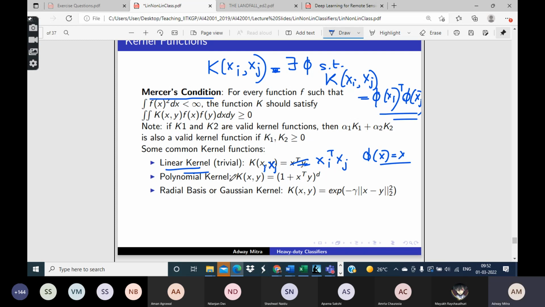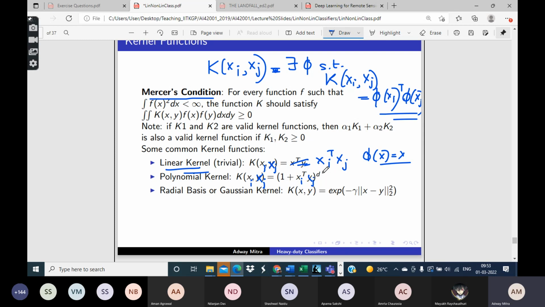Similarly, there is a polynomial kernel. Suppose it takes in two vectors xi and xj, and it calculates xi transpose xj, the dot product between those two vectors, plus 1, and then to the power d, where d is some degree, maybe 3 or 4 or whatever. This is called the polynomial kernel.